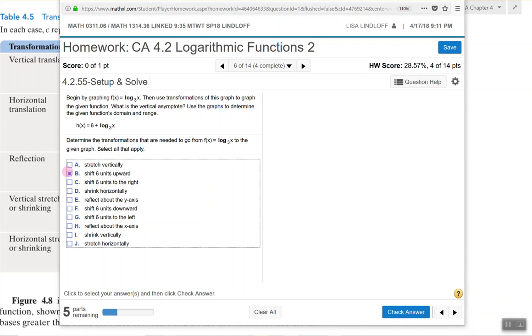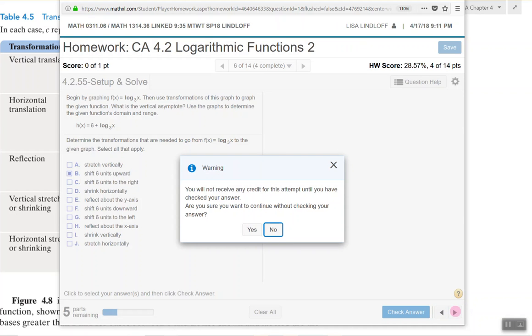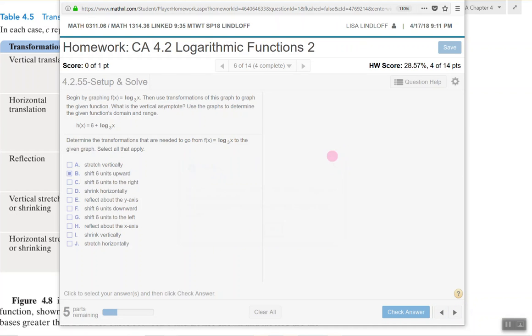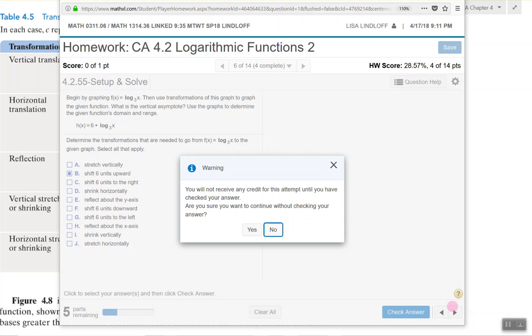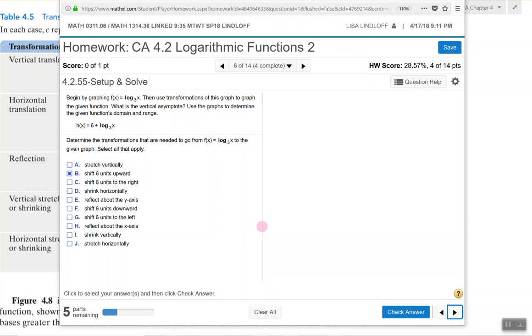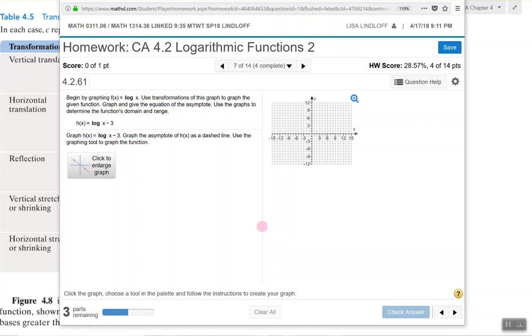All right, and then you would continue from there. What would this one be? It is on the outside, because if it were on the inside, there would be parentheses. So this is down 3.